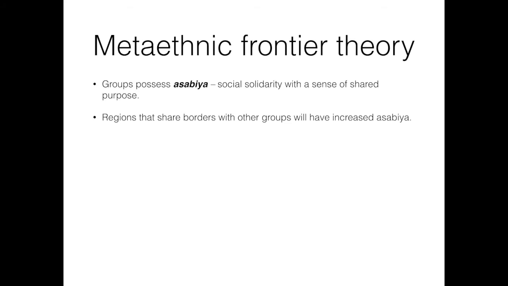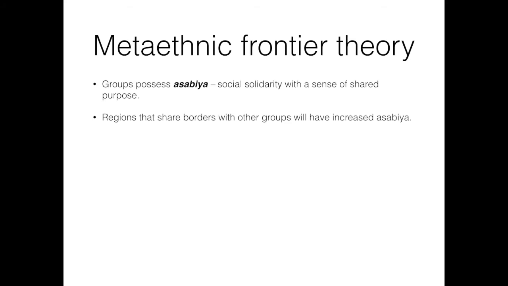This is an Arabic word denoting a sort of social solidarity with an emphasis on unity, group consciousness, and a sense of shared purpose. Note that asabia is a property of a population, not an individual. So it's a group-level trait, something that I've written about. Group-level traits are inherently challenging to model as emergent phenomena. So, like many other models, we're just going to take the trait as given.